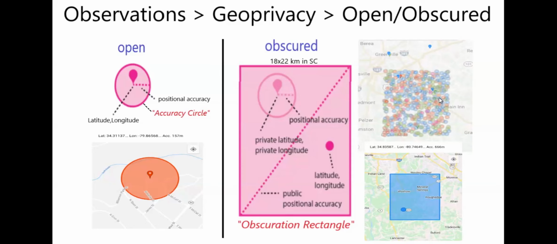If it's obscured, they generate behind the scenes a box, and in South Carolina, it's 2 degrees of latitude and longitude, so it's about 18 by 22 kilometers in South Carolina. And so they generate a box and then they move it. So when you see a little fuzzy box, you know that it's in there somewhere.